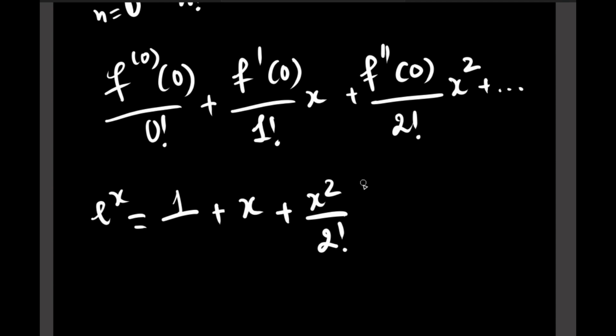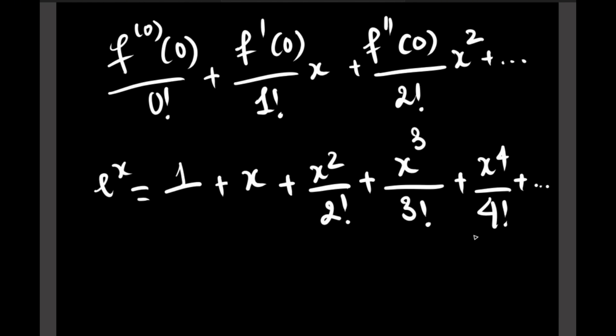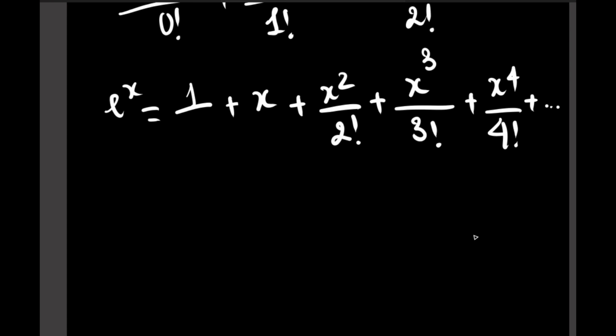And next, the same thing: e to the power of 0, multiplied with x to the power of 3, over the factorial of 3. And so on, we have this. This is exactly the Maclaurin series for e to the power of x.